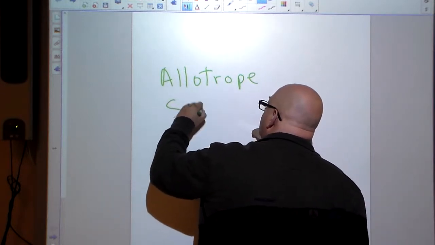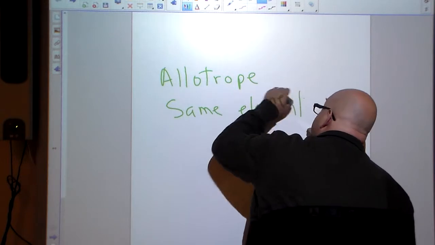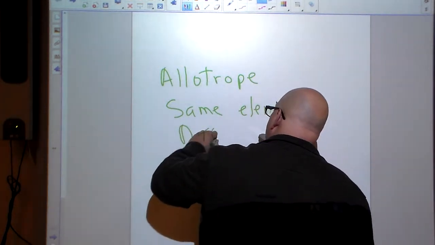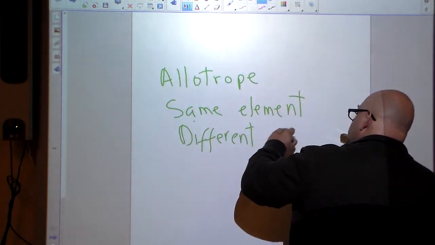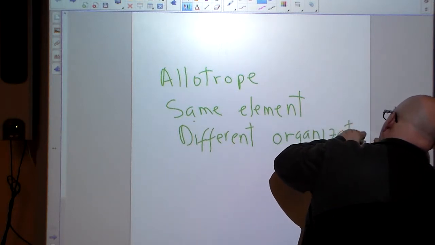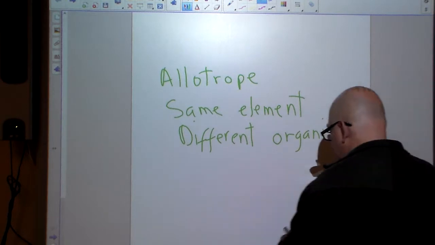Allotrope, so I'm going to wrap up here. It's the same element, different organization.